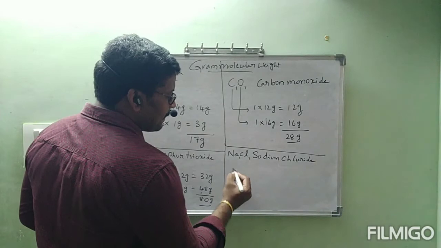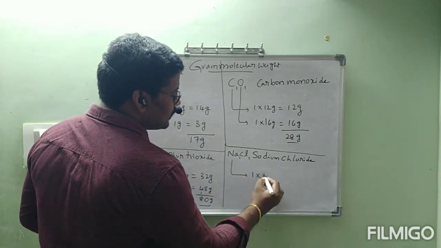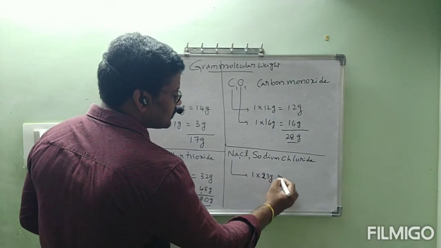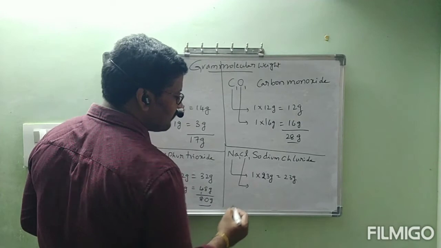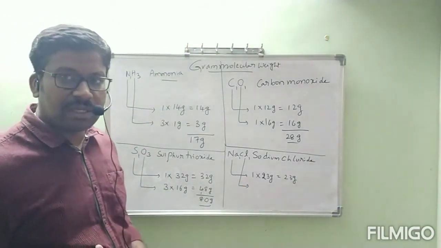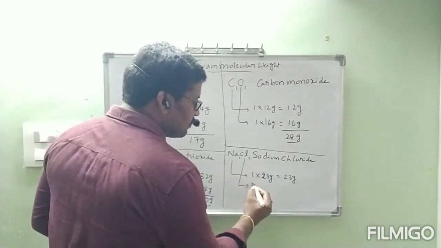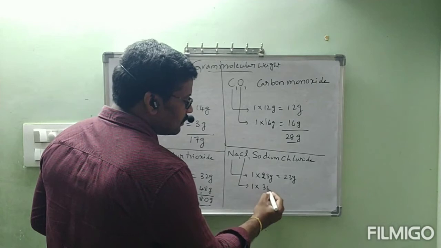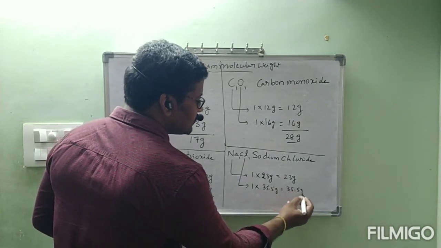Let us see. 1 into 23 grams is equal to 23 grams. Chlorine 35.5. We made a note in the gram atomic weights of the first 20 elements. In that, chlorine we have seen 35.5 grams. Then 1 into 35.5 grams is equal to 35.5 grams.